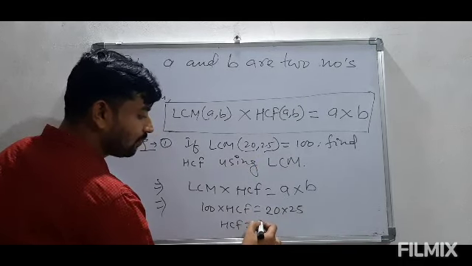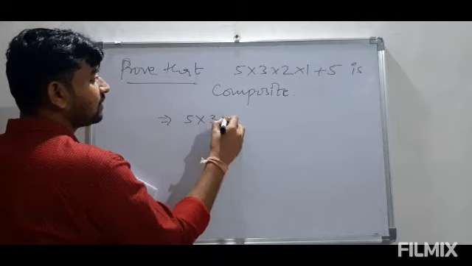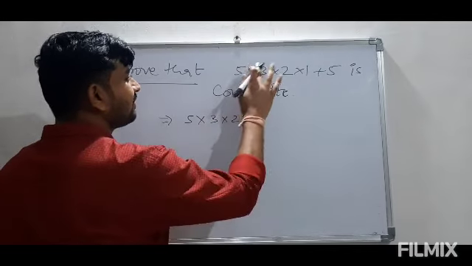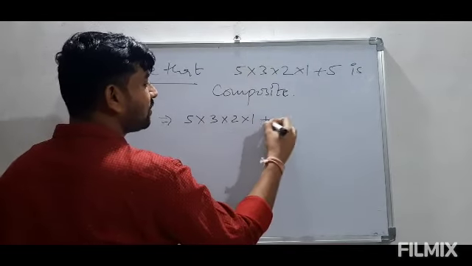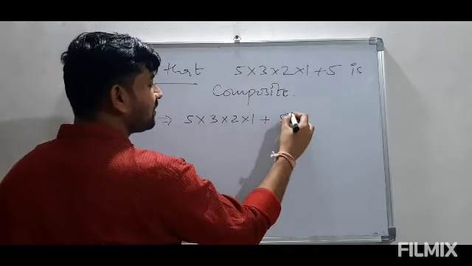So for this, what we have to do, we can include some more numbers in it. We treat it as two numbers, that is one this in form of factors 5 into 3 into 2 into 1, and here we have only one factor 5. In between we will be having a symbol plus.